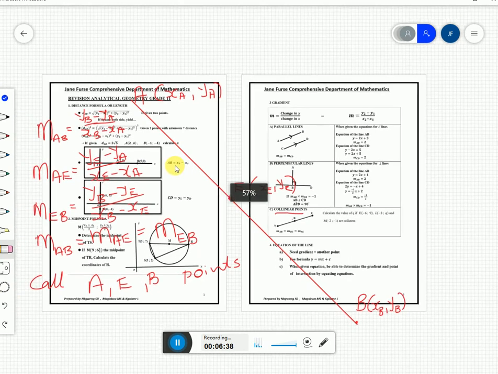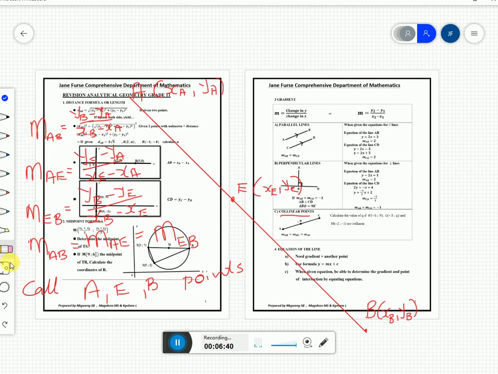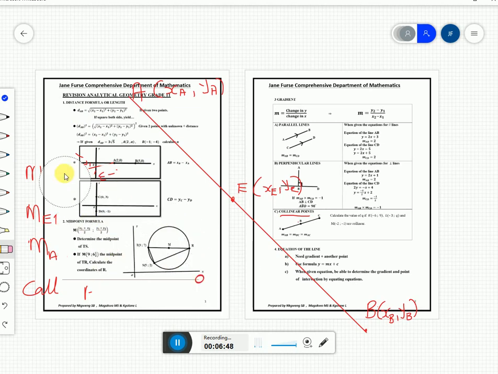I hope you have them now with you. Just want to wrap quickly to clean my chalkboard. I don't know why it's not cleaning.